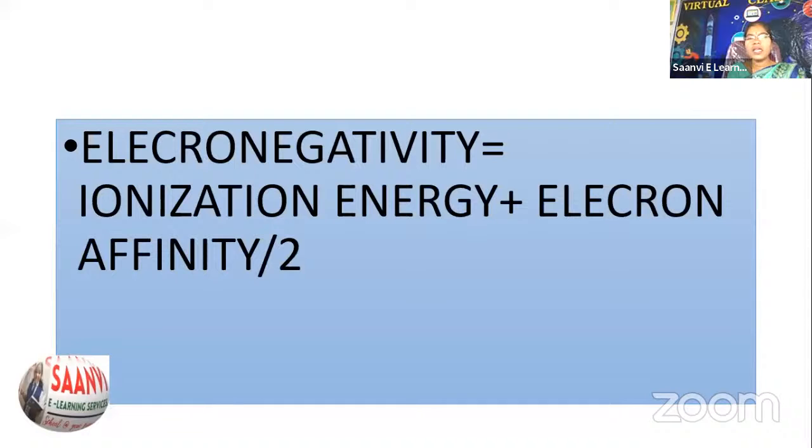This is the formula according to the scientist Mulliken. He proposed that electronegativity depends on ionization energy and electron affinity. So the formula of electronegativity is equal to ionization energy plus electron affinity by 2.